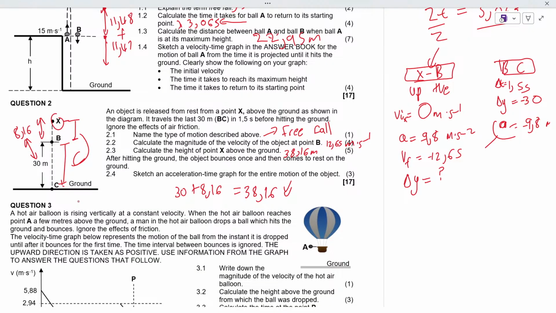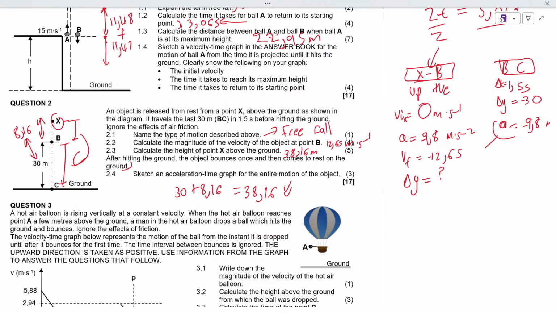When it drops, it's going to hit the ground. They say that it goes through point B, then C, then B again. It says that after hitting the ground, the ball bounces once and then comes to rest at the ground. So okay, there's a bounce.